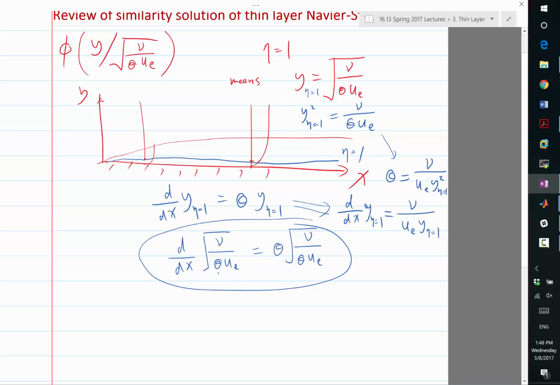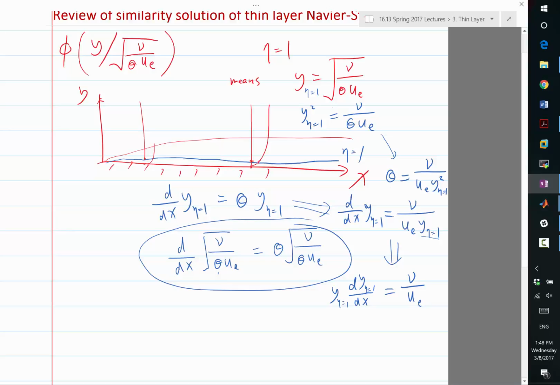Right. So what does that mean? That differential equation about y at eta equal to 1, if you have been dealing with ODEs for a long time, you can immediately see that it is a square root growth, because I can multiply both sides by the y coordinate, and what I get is y times dy/dx is equal to a constant, right?